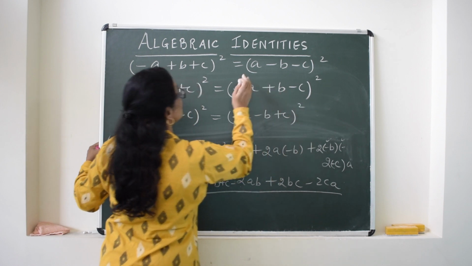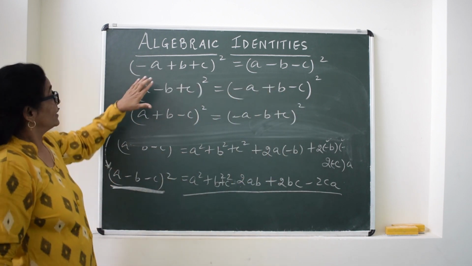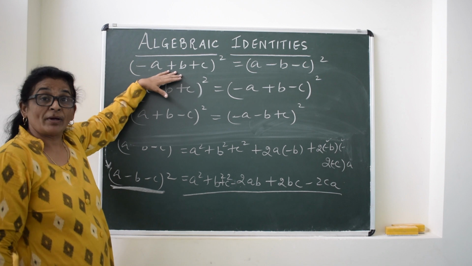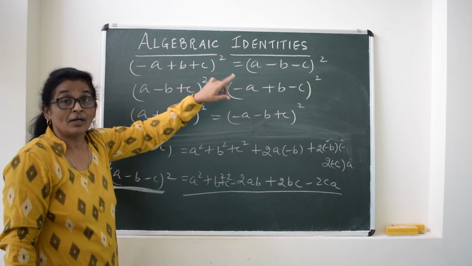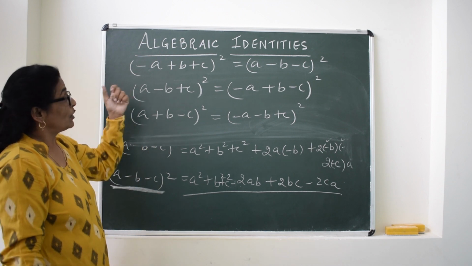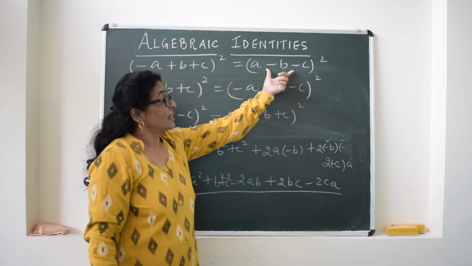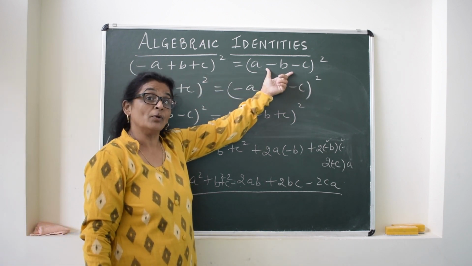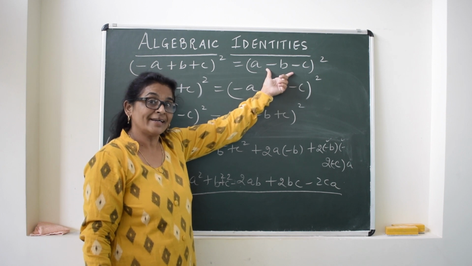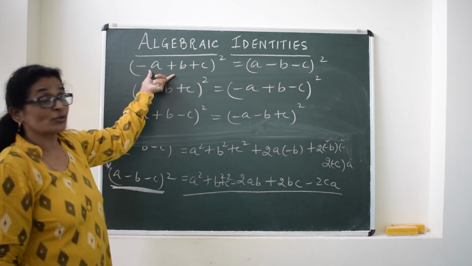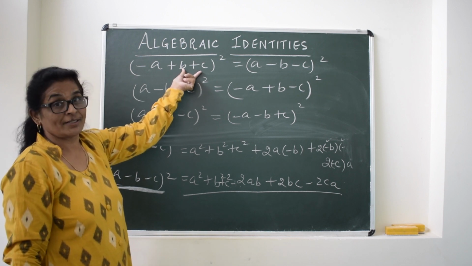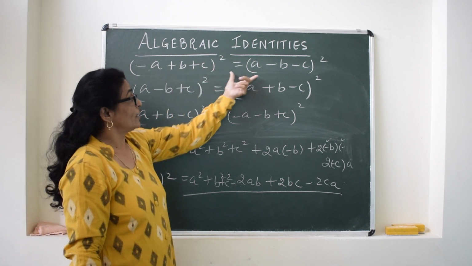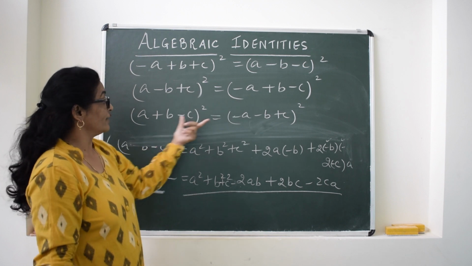So this is something new we are learning. Why is this so? Because wherever b and c are falling, that term will be positive because both of these are negative. And in the expansion of this also we saw wherever b and c were together, that was positive. That is why these two are equal, these two are equal, and these two are equal.